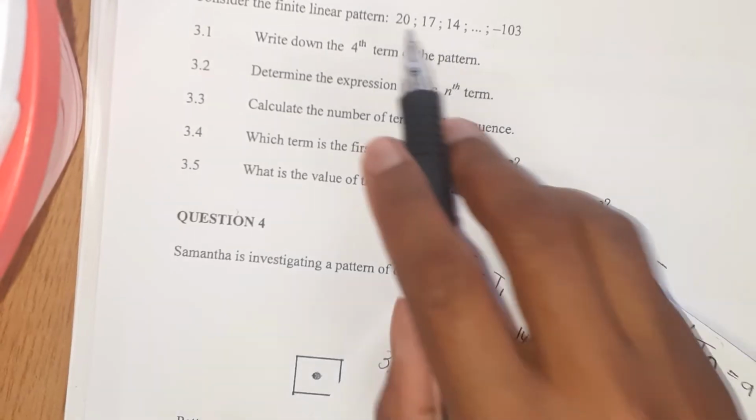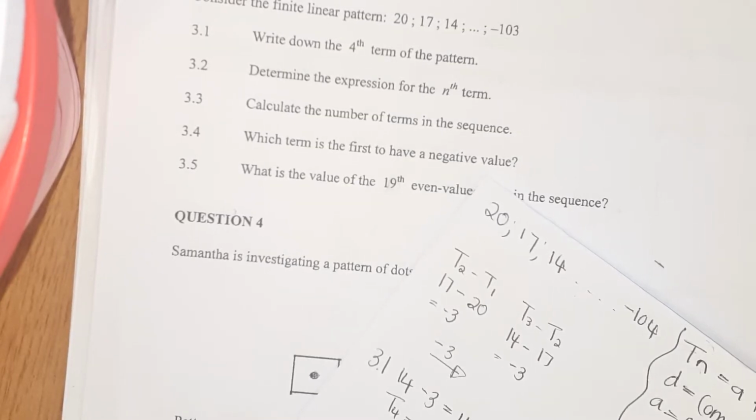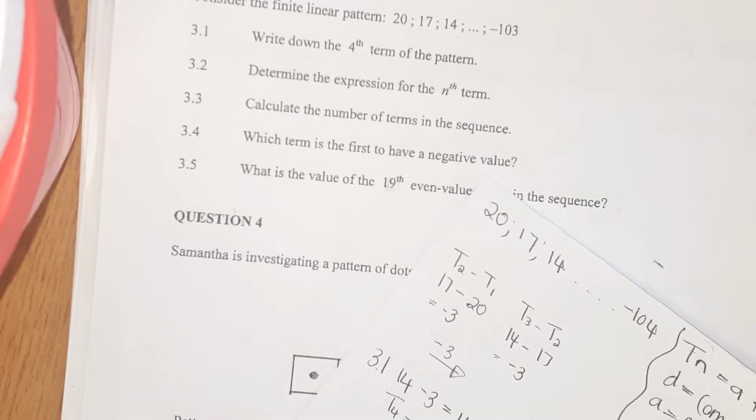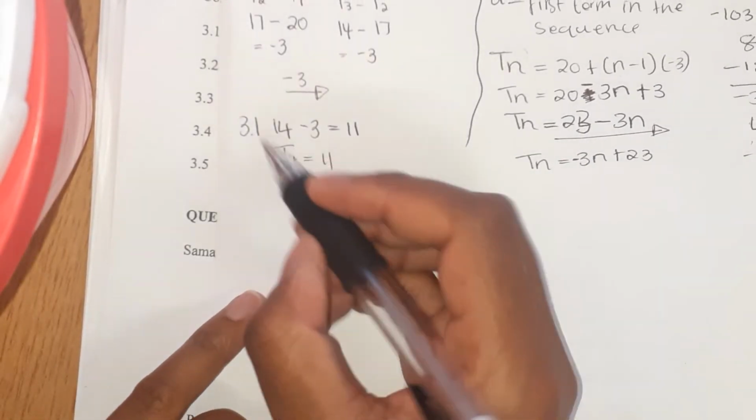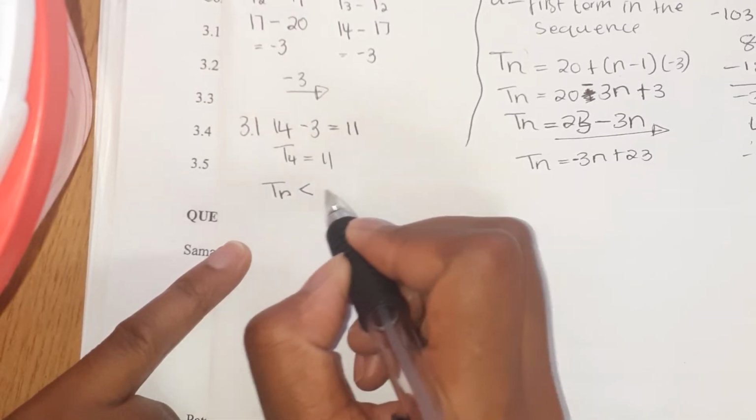This is term 1, term 2, term 3. So when you're going like that, which term will first have the negative number? That's what we are looking for. Which means Tn will be less than 0.